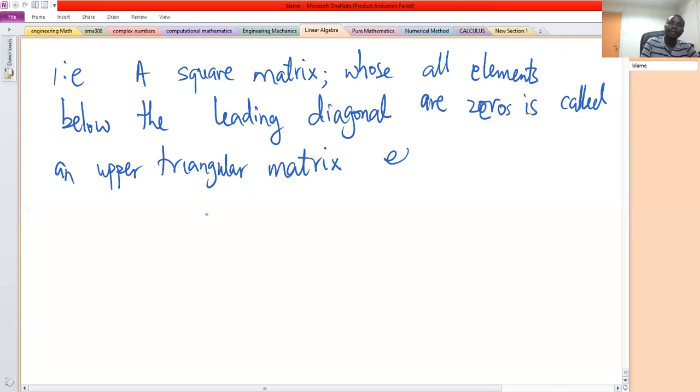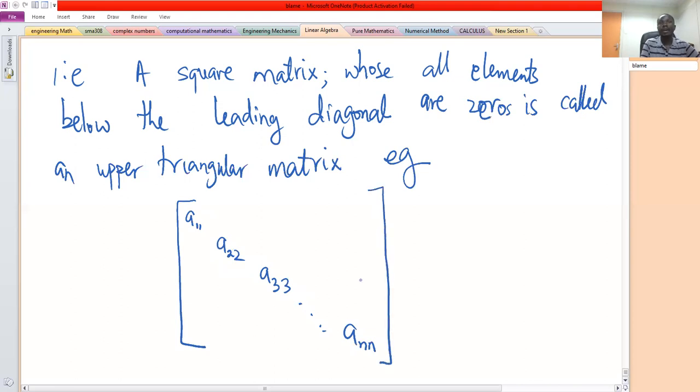E.g., if we have A11, A22, A33, up to Ann, they're saying that a square matrix whose elements below the leading diagonal, so all these elements, are 0, but at least we have these other positions.